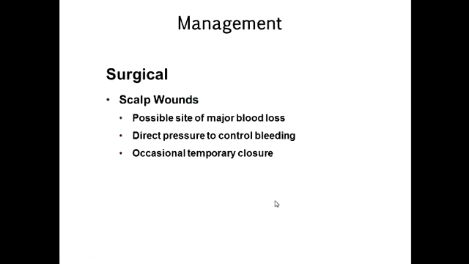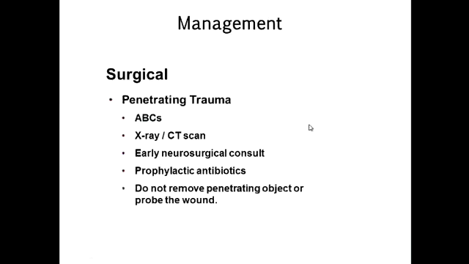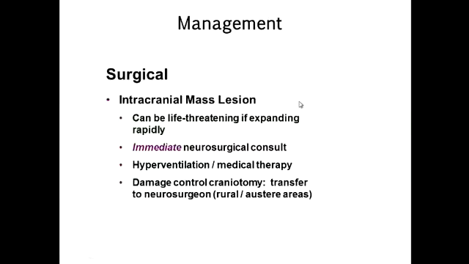Scalp wounds are controlled with direct pressure and occasionally with temporary closure. Penetrating trauma patients should receive prophylactic antibiotics, but should not have their penetrating objects removed, nor should wounds be probed. The intracranial mass lesion, if rapidly expanding, can be life-threatening and requires immediate neurosurgical intervention.